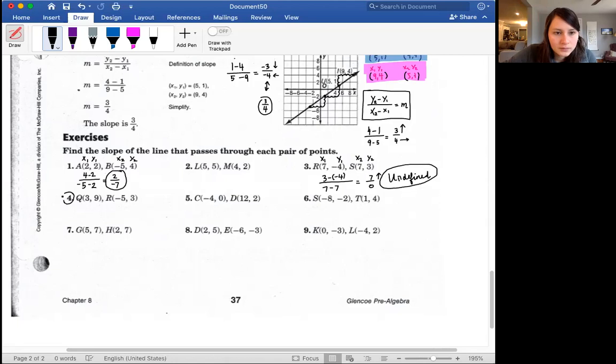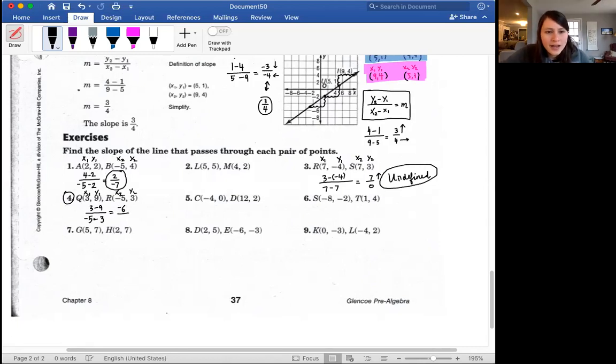Okay, looking at number 4, we're going to label our points x1, y1, x2, y2. So y2 is 3, y1 is 9, so it's 3 minus 9 over negative 5 minus 3. So when I subtract, I have a negative 6.